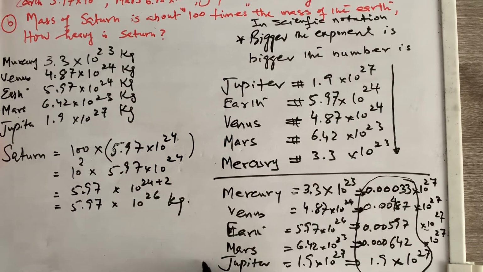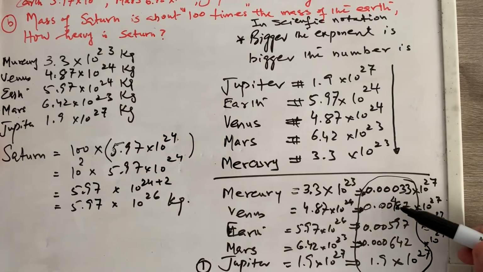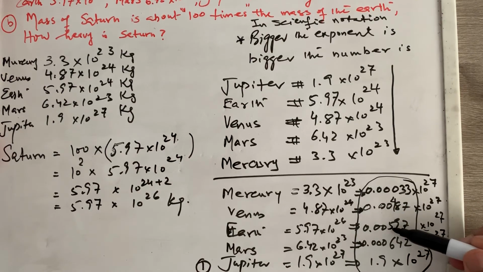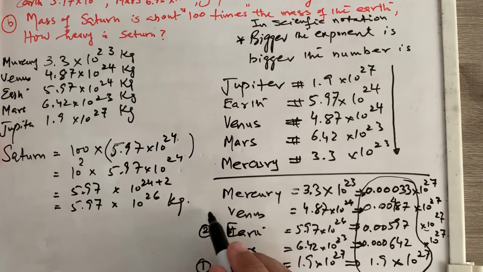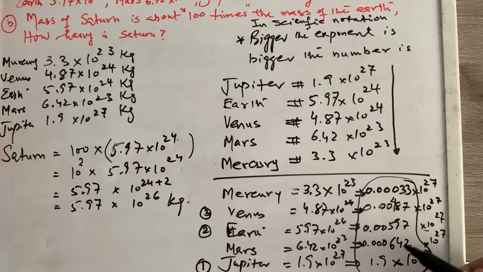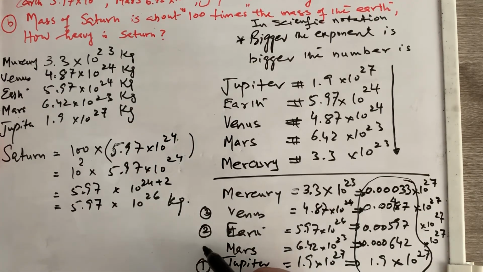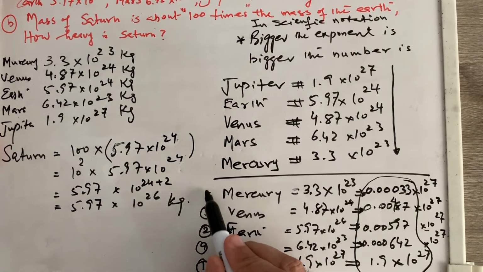Jupiter is first, heaviest, and then who is next? 0.00597 is next, so Earth is next. 0.00487, so Venus is third. 0.000642 is heavier, so Mars is fourth, and then Mercury is fifth.